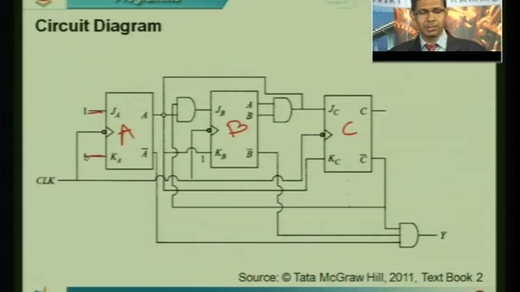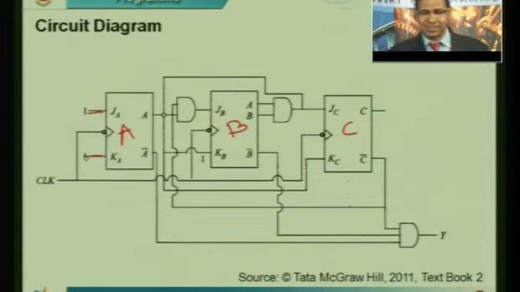What about JB? JB was given as CN bar AN. That means I require one two-input AND gate. Do I require an inverter to get CN bar? Not necessary, because all these flip-flops have a true output as well as a complement output.